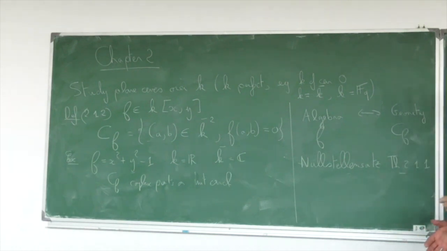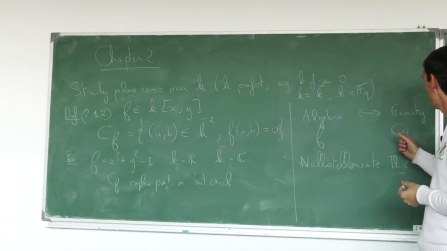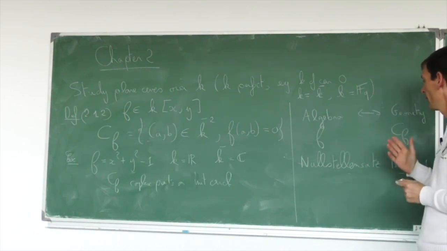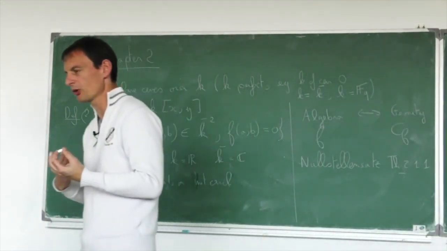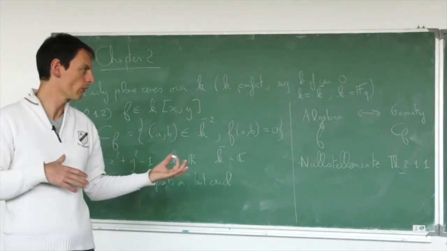All right? It tells you that, more or less, roughly, the curve is going to determine as well the polynomial f. And this is really important because most of the time you're going to see that I express myself in one of the worlds or in the other.